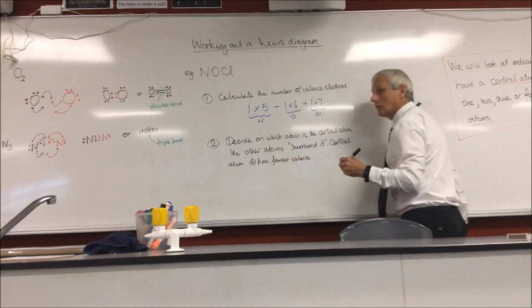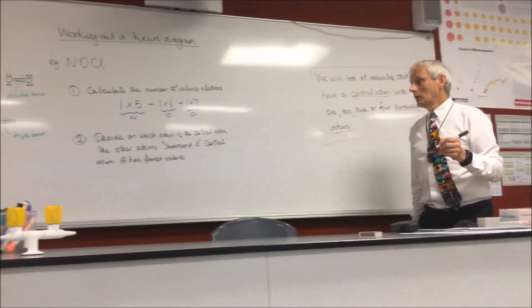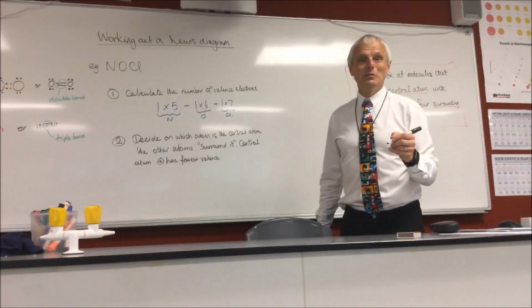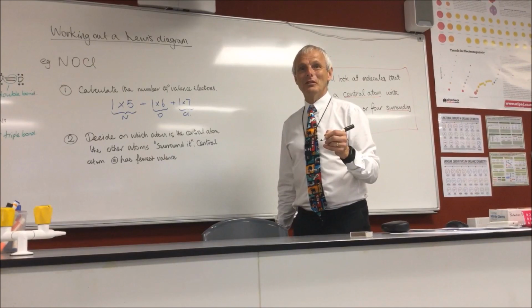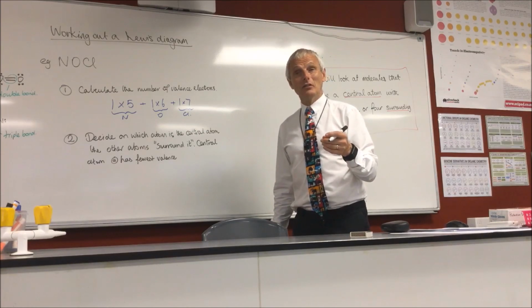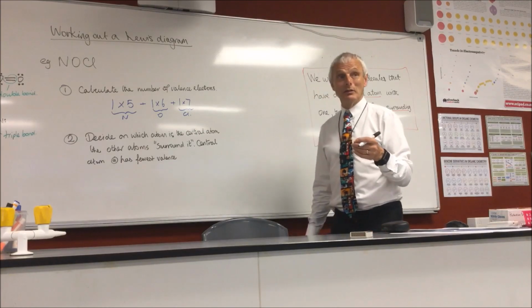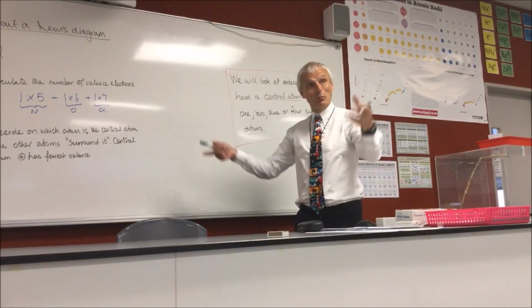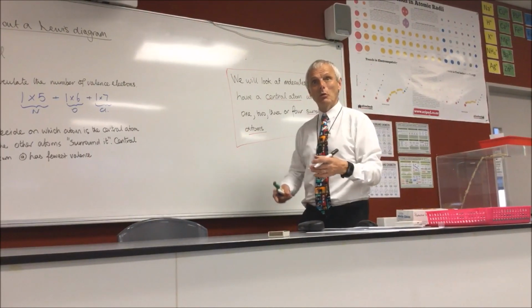Now, we'll look at an example in a minute where you will have a situation where you have 2 atoms that have the same number of valence electrons, which is the fewest. Which one do you choose? If there's more than one atom that has the fewest number of valence electrons, you always go for the largest one, because the largest one will more easily fit things around it than a small one.